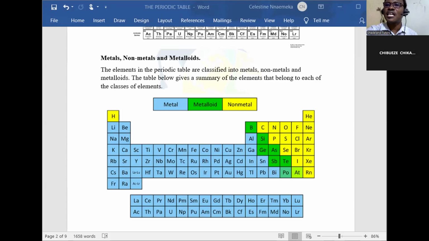I hope she can hear me. Ada? Uh-oh, Ada has gone off. Ada, can you hear me? Which group of the periodic table contains the halogens? Just type your answer in the chat.